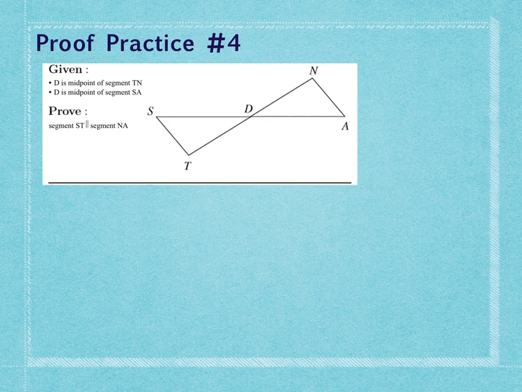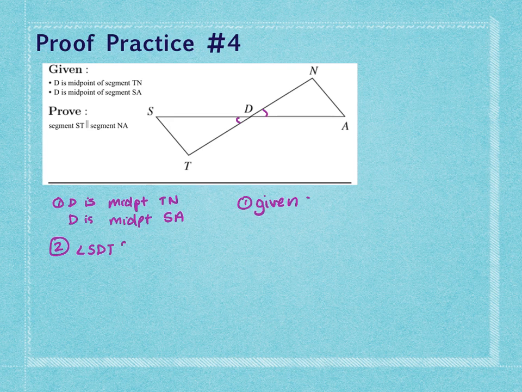Okay, this last proof says D is the midpoint of segment TN, and D is the midpoint of segment SA. Those are your givens. What you can determine from the picture is that there are vertical angles. So angle SDT is congruent to angle ADN, and that's the vertical angles theorem, or VAT.